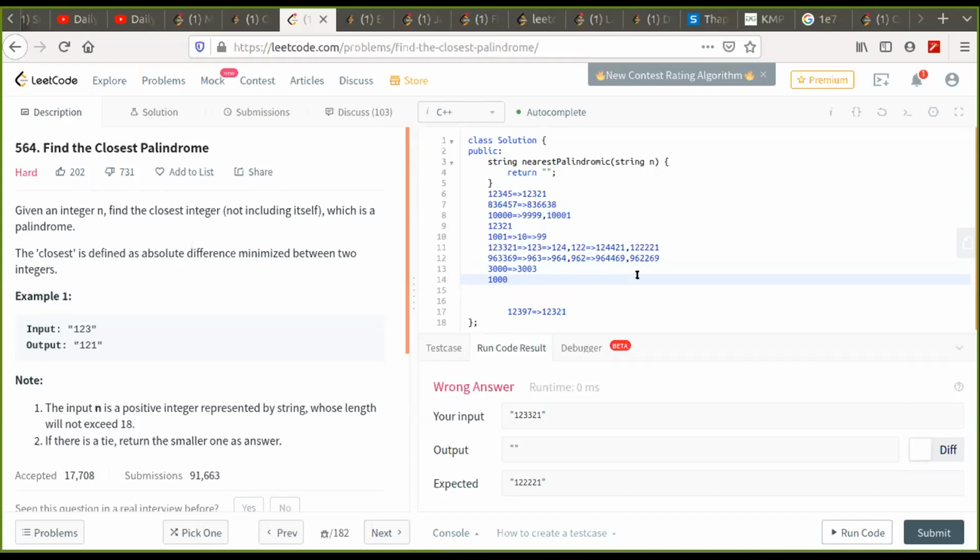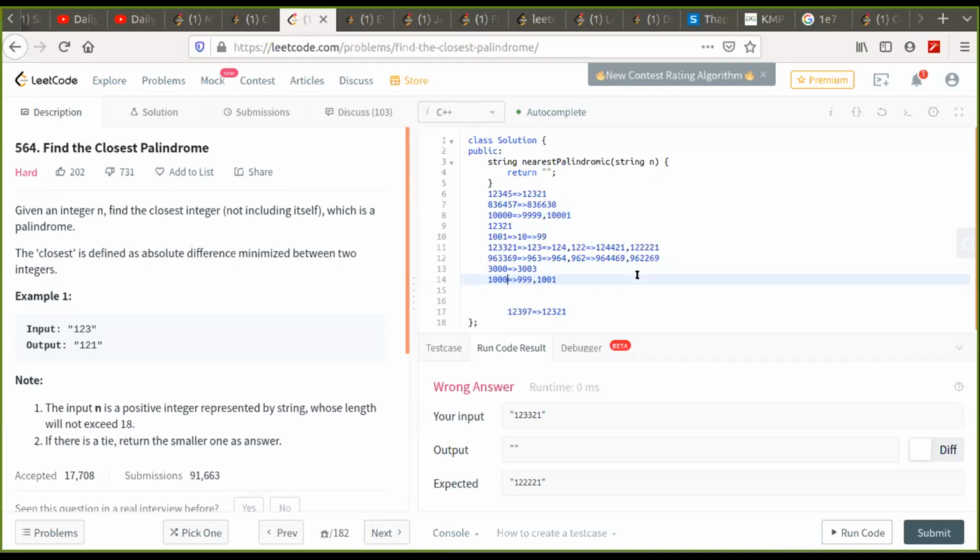I think that will work a bit better when I have something like 1001, because we'll have two quite close numbers. One is 999 here, and 1001.